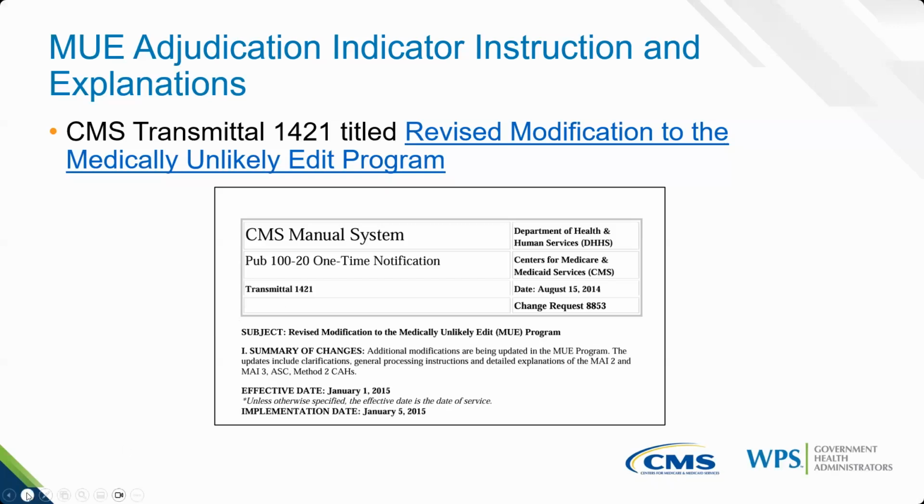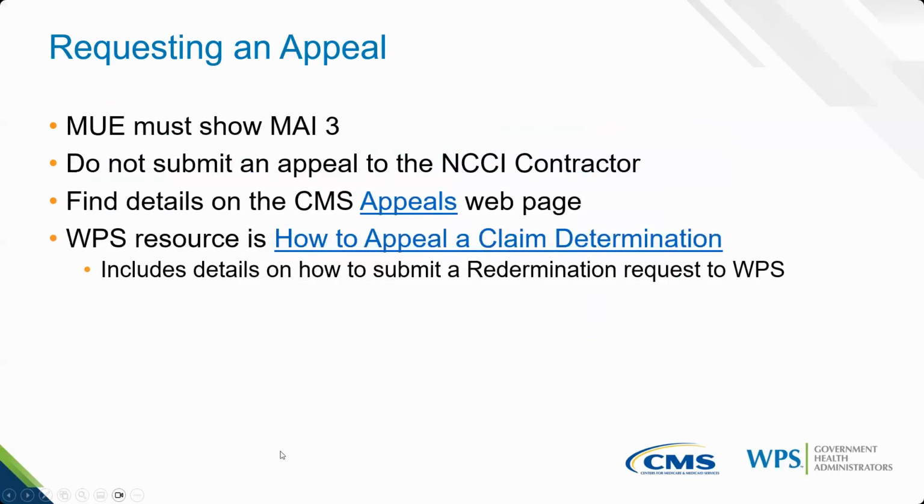I mentioned to you that providers may request an appeal for denials that show for services with an MAI 3. Do not submit appeals to the NCCI contractor. You can find instructions for submitting each of the 5 levels of appeal on the CMS Appeals webpage.